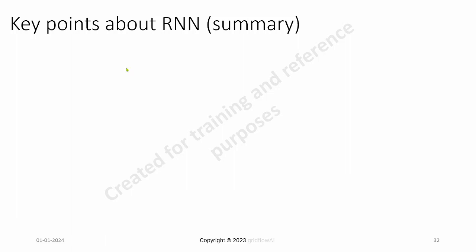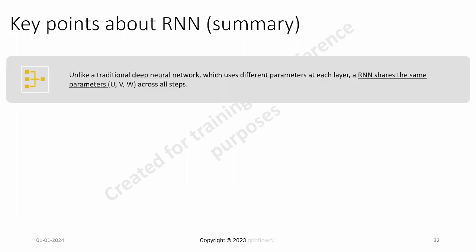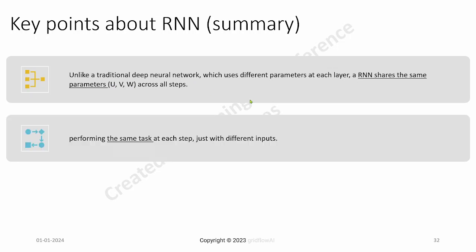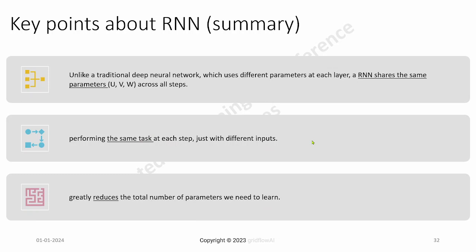So to summarize the key points about the RNN here, at each time step we're going to have the weights. Now those weights are the same across the time steps. Essentially, RNN will perform the same task over and over again with different inputs, same type of task.